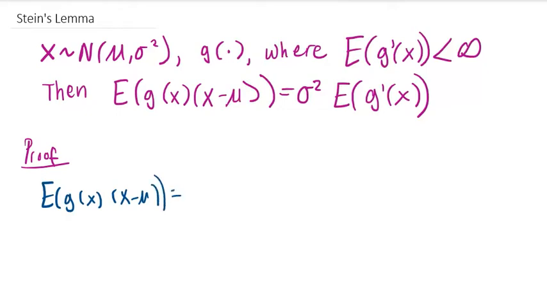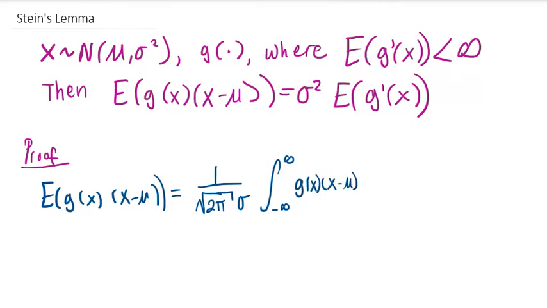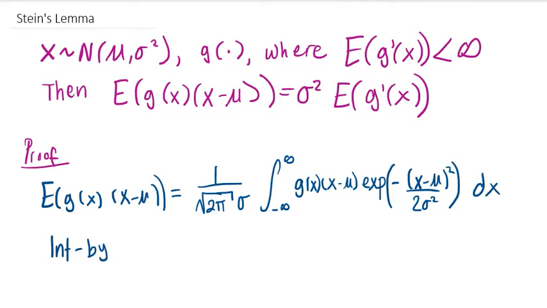Mu is equal to 1 over square root of 2 pi times sigma integral negative infinity to infinity g of x, x minus mu, exp to the negative x minus mu squared over 2 sigma squared dx.